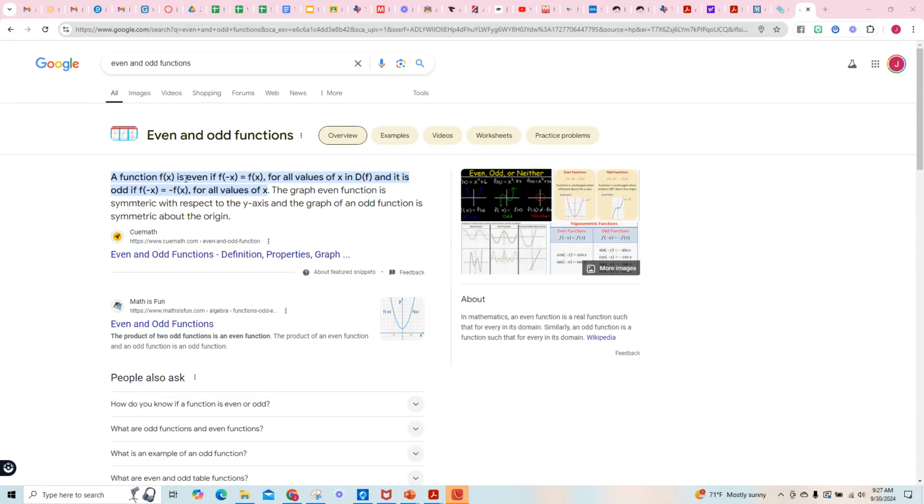So a function f of x is even if f of negative x equals f of x. And it is odd if f of negative x equals negative f of x.